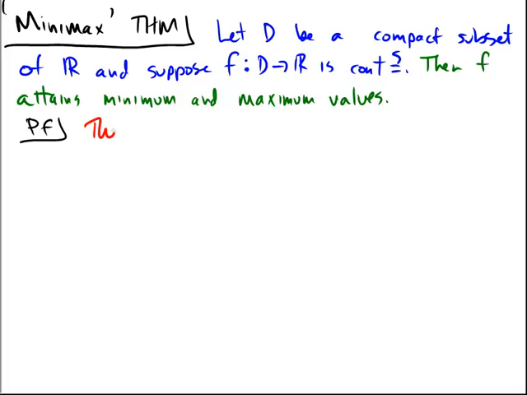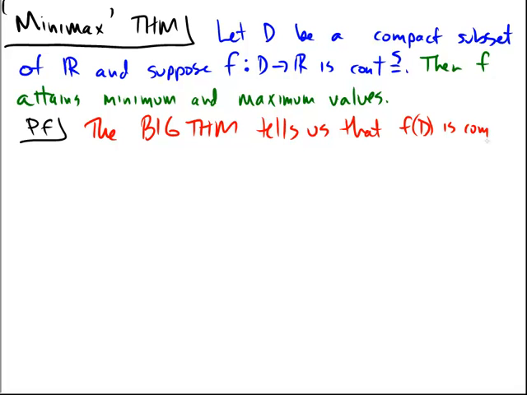So the big theorem that we just did tells us that f of D is compact. So for compact, that means that if f of D is compact, there is a minimum and there is a maximum. So f of D, right, it's bounded and it's closed, so it contains all of its limit points from the topology.